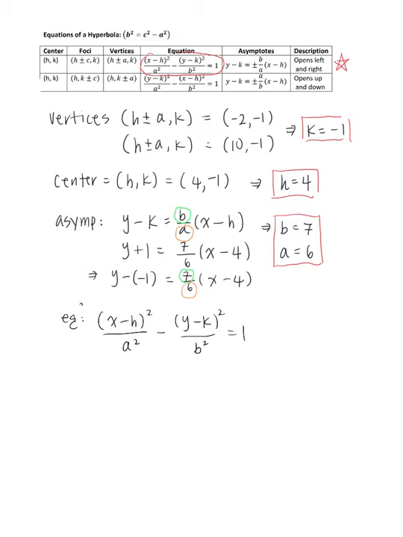So it looks like we're going to have x minus, what was my h, 4 squared, over a squared. So a squared is going to be 36, and then minus y minus k. K was negative 1, so this is going to become plus 1, the whole thing over b squared, 7 squared is 49, equals 1.